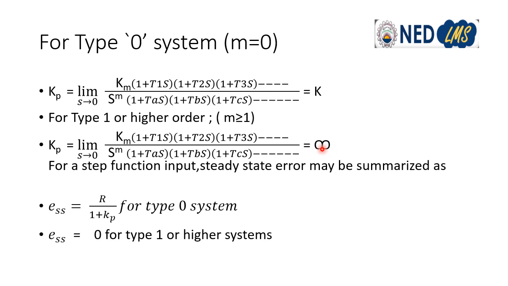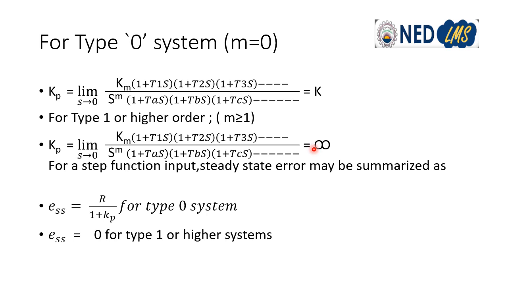So for system type 1 it will become infinity. Similarly for higher order, if m equals 2, it is K upon s square, and if we apply the limit, K upon 0 will become infinity. So for type 1 or higher order systems, the value of static position error constant is always infinity.